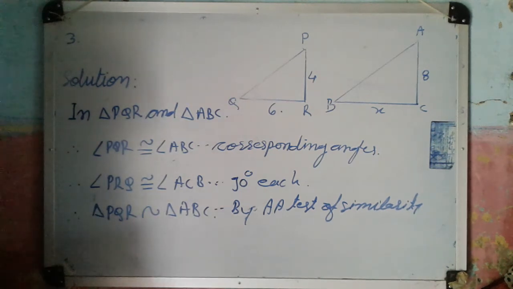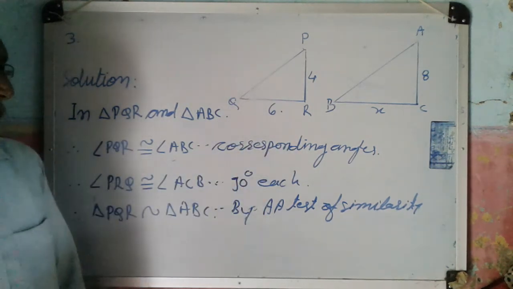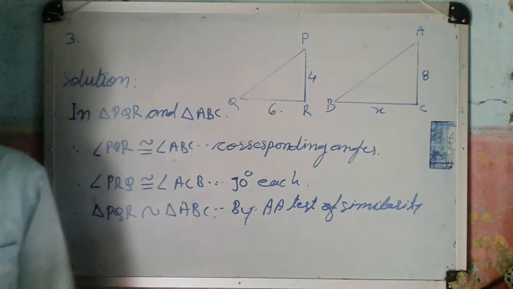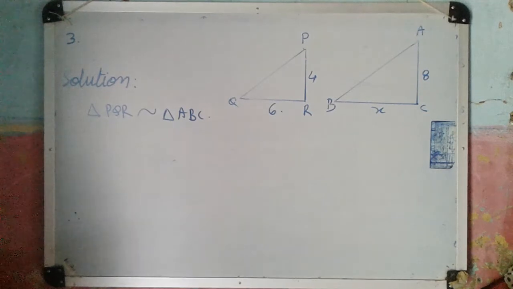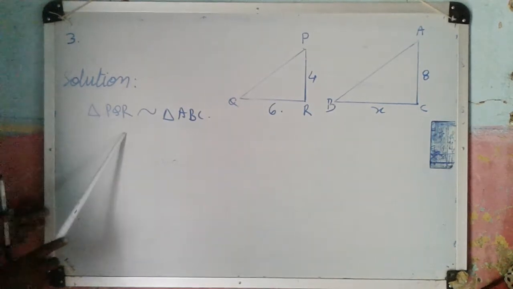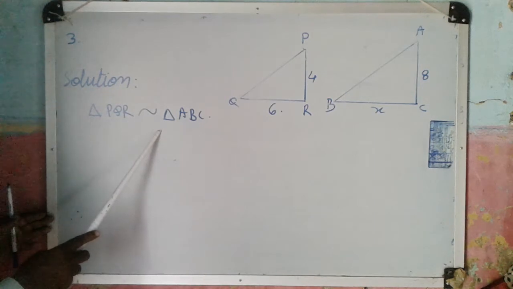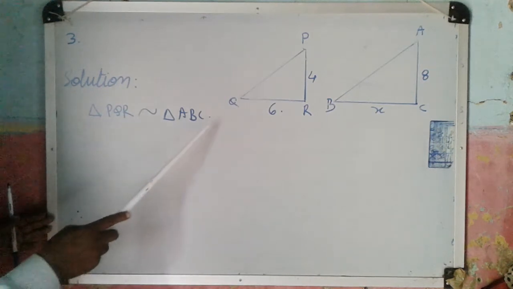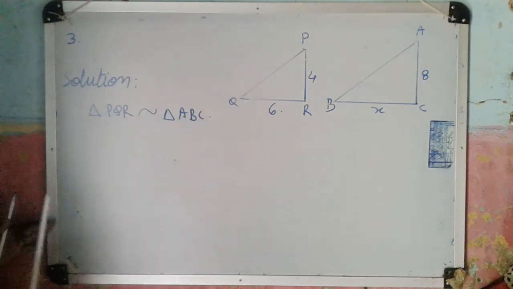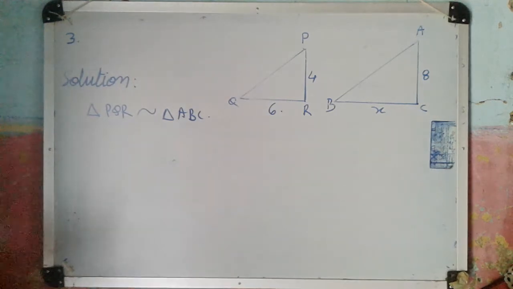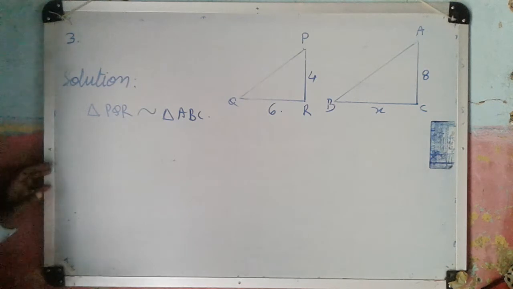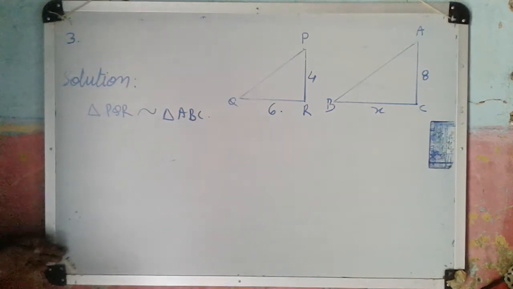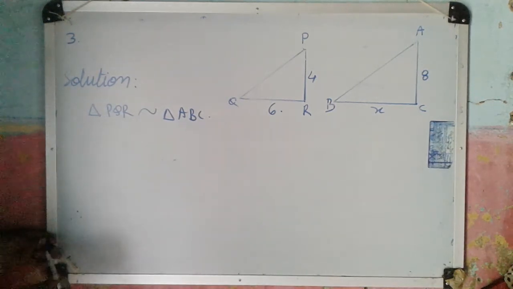Now we will find the shadow of the bigger pole. We have proved that triangle PQR is similar to triangle ABC by the angle test. According to the definition of similar triangles, if triangles are similar, then their corresponding sides are in the same proportion.